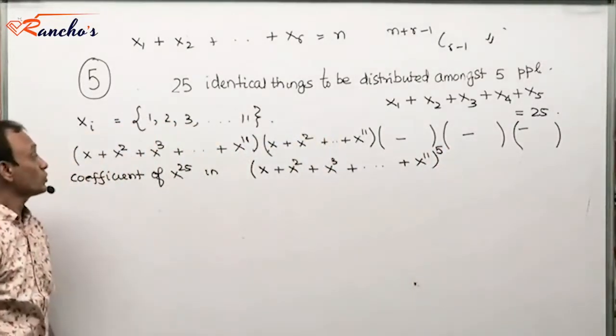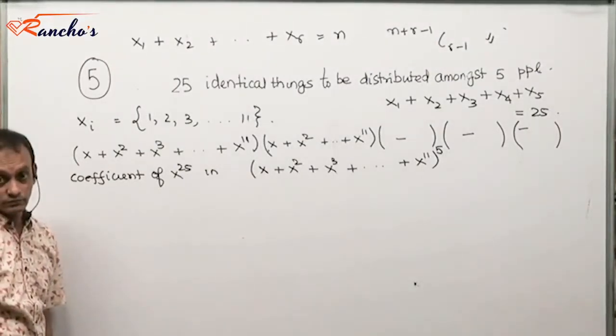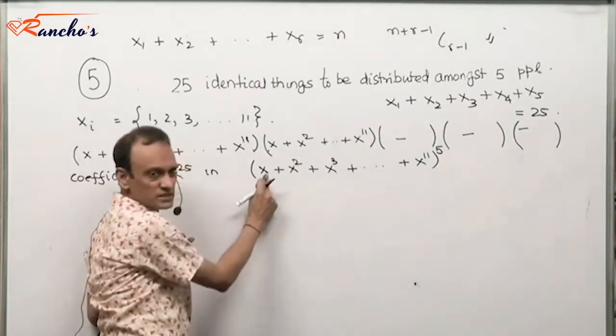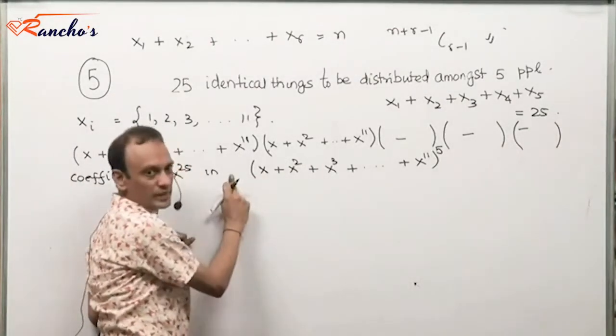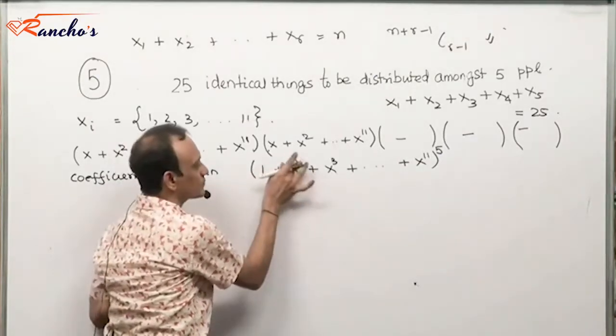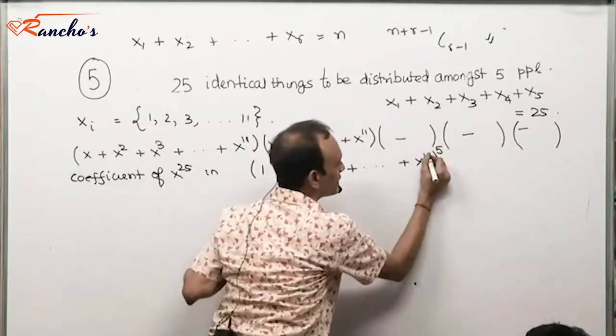Yes or no? If I take x common from this, it will become x power 5 times 1 plus x squared plus x power 10.